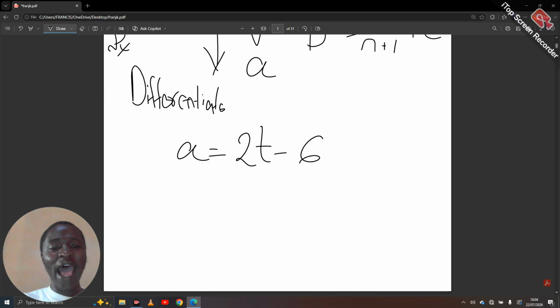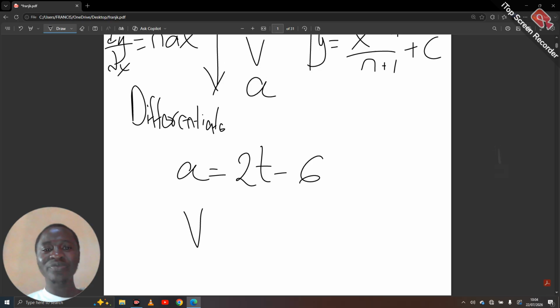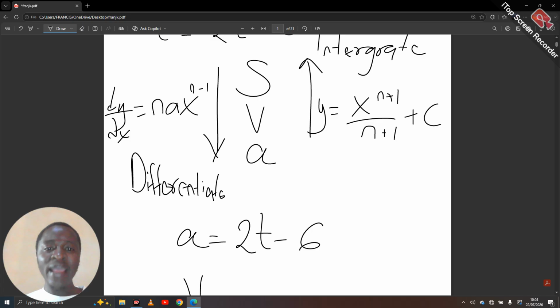An expression for velocity. Coming back to our formula, we have acceleration, and the examiner now wants us to get velocity. That means we are going up, and so we are integrating. You have the formula with you.